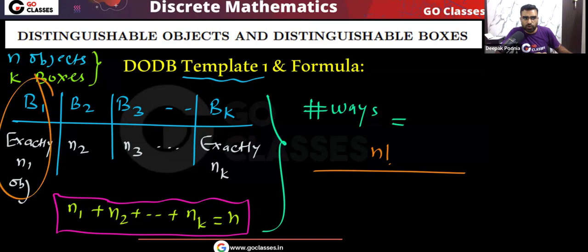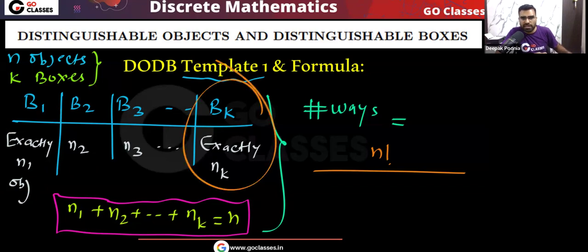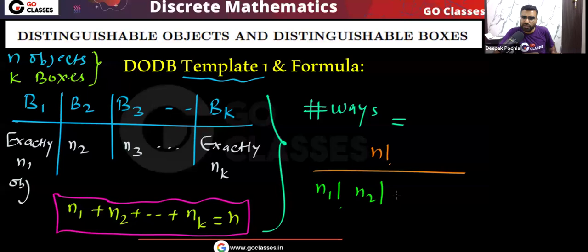In the box B1 we want to put exactly n1 objects, not more than n1, not less than n1. In the box B2 we want to put exactly n2 objects. In box BK we want to put exactly nk objects. And the total is equal to n, means we are distributing all the objects. Now in this DODB template number 1, the number of ways will be n factorial divided by n1 factorial, n2 factorial, and so on, nk factorial.